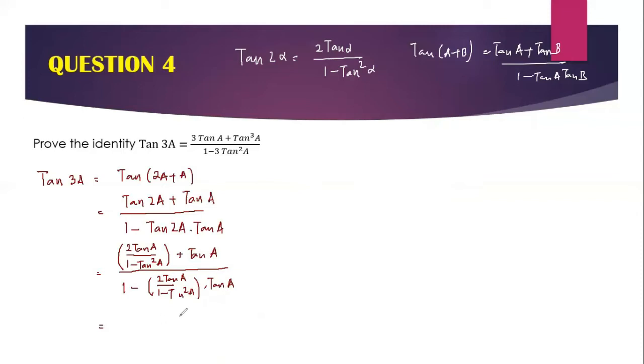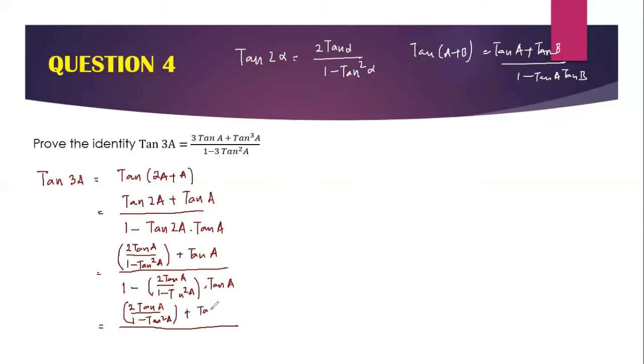Next, we are going to simplify this one. Okay, so 2 tangent A over 1 minus tangent square A, right?